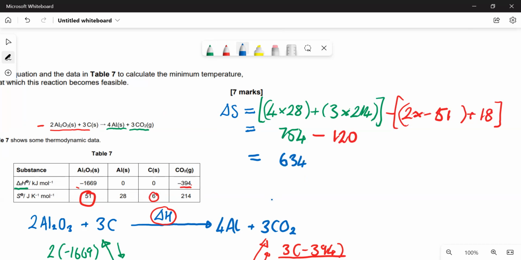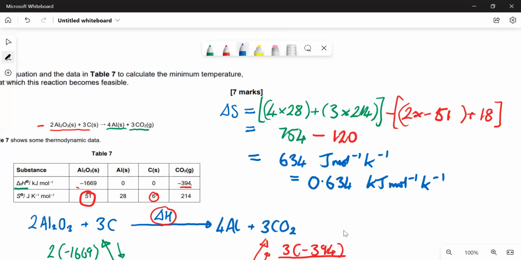We have to be careful here. The units are joules per mole per Kelvin, not kilojoules. So we're going to have to convert that into kilojoules, or we can convert the delta H value into joules, but I prefer to do that. So that's equal to 0.634 kilojoules per mole per Kelvin.